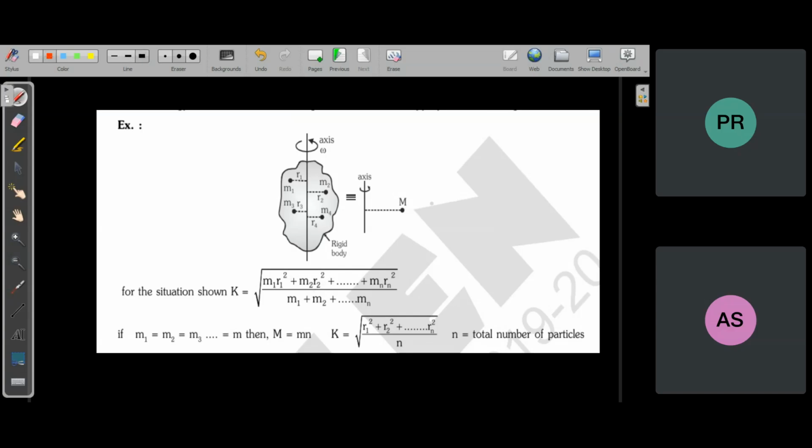So the total moment of inertia of the body, which is this numerator, is equal to m into k square. So from here you can find k is equal to under root of I by m. Okay, understood? Here you have any doubt?